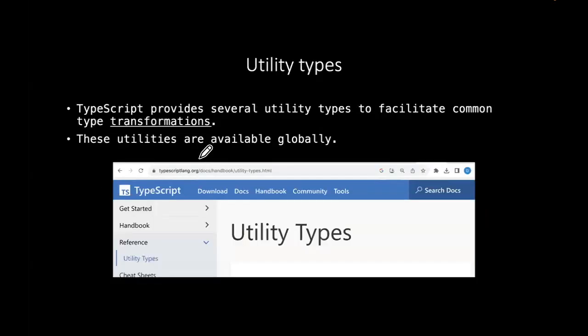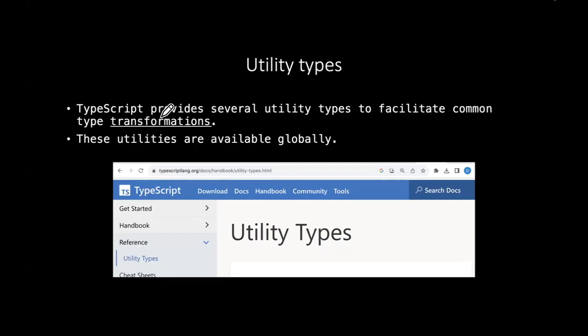The last aspect of TypeScript that I look at, but of course there are lots of aspects that I'm not going to look at, is what are called utility types. And utility types, formally what they are, they are type transformers. And there's a bunch of utility types, and the name kind of implies that they're useful types that are custom types in a way that come with the language.